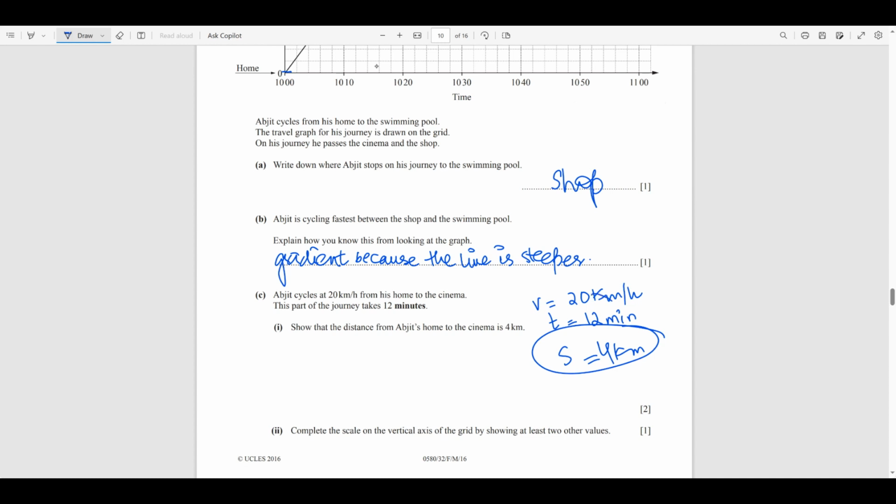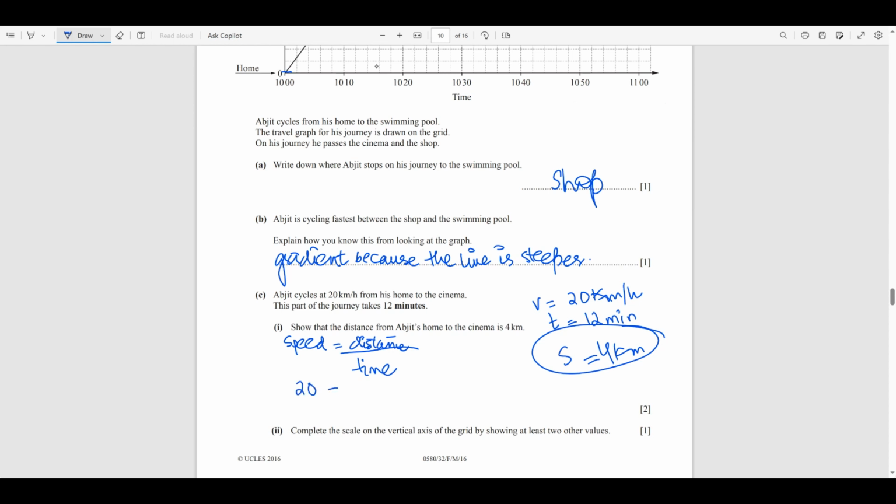So remember, when we are talking about the formula for speed, it is distance over time, but we need to make sure that distance and time are in the units that the speed has. For example, speed is kilometers per hour. That means the distance should be in kilometers and the time should be in hours. Right, so speed is 20 kilometers per hour.